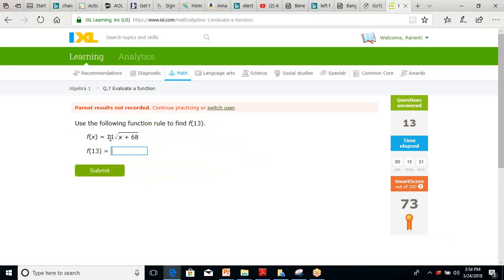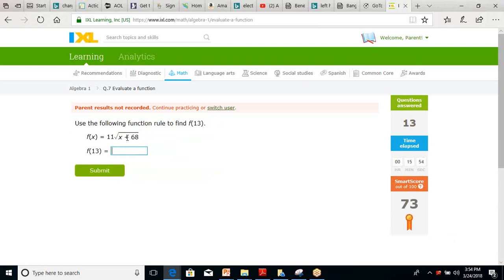But this y is going to vary with x with this relationship. So it is equal to 11 times the square root of x plus 68. If x is 13, so f(13), that means x is 13. So it's going to be 13 plus 68, and 13 plus 68 is 81.